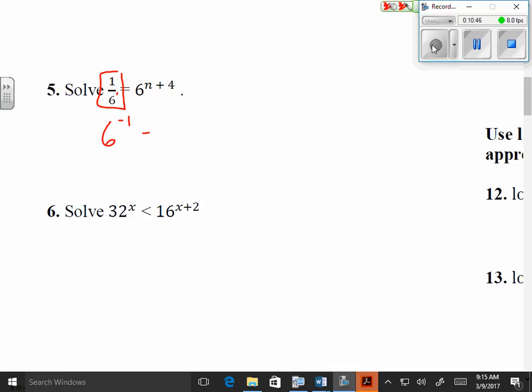So if that's equal to 6 to the n plus 4, I have the same base, I can drop the bases. -1 is equal to n plus 4. Subtract 4, n is -5. And it goes that quick once you see that 1/6 is equal to 6 to the -1.